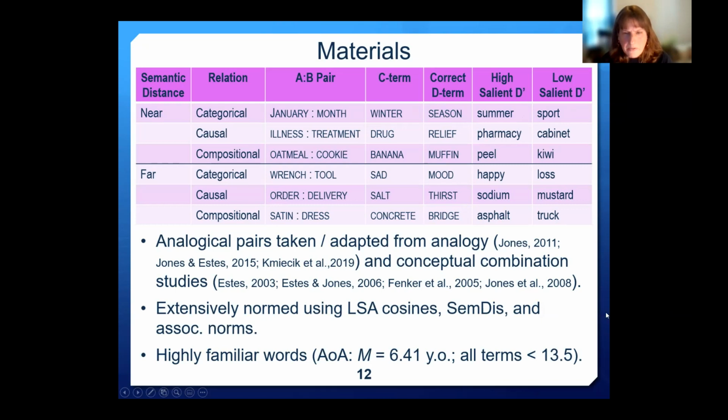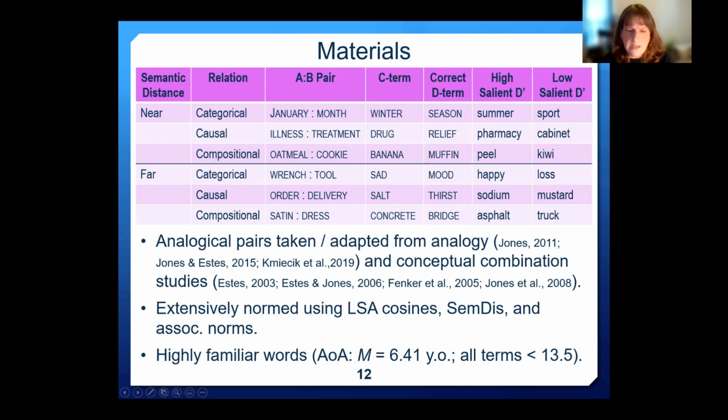And in terms of these categories of high versus low, there wasn't too much overlap between them. There are some items that were a little overlapping, but for the most part, these were pretty orthogonal. Then, as I mentioned earlier, word familiarity is something that you have to keep in mind.